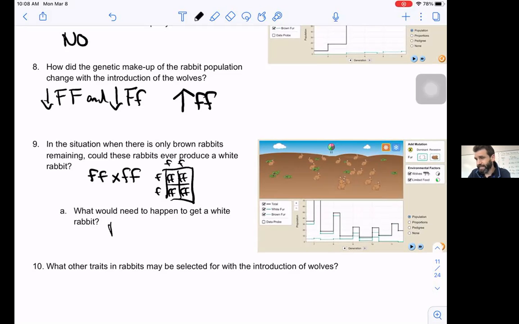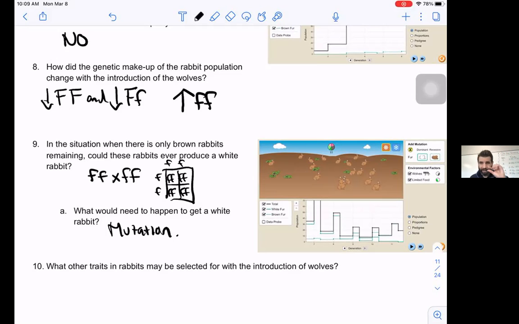And this actually happens in nature. You could imagine that some mutation pops up and gives the rabbit a light color. Maybe a few of these start to survive in the environment because there are so many brown rabbits that the wolves, even though brown rabbits are harder to see, are more likely to catch a brown rabbit than the small population of white rabbits.